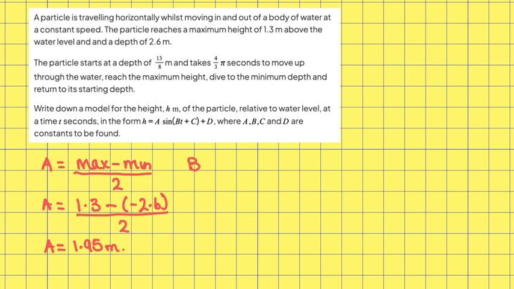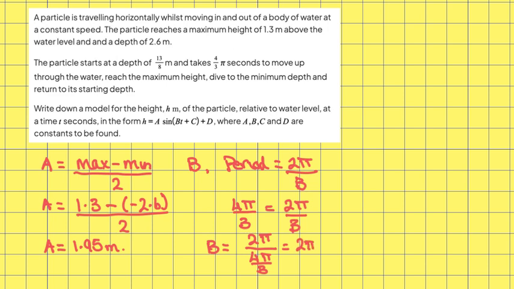B, well, that is part of the period, so we know that the period is equal to 2 pi over B. So we have the period is 4 pi over 3, and that's equal to 2 pi over B. So if we rearrange that, we get B is equal to 2 pi over 4 pi over 3, which is equal to 2 pi times 3 over 4 pi.